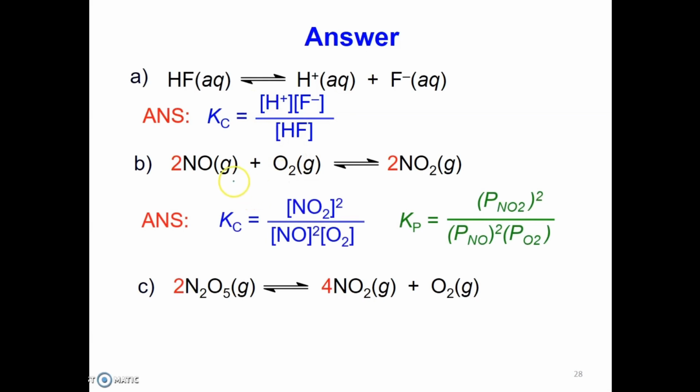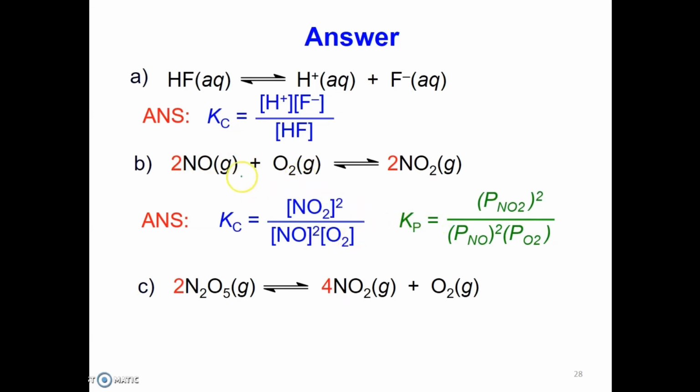For B, 2NO gas plus oxygen gas produce 2NO2 gas. So the Kc expression will be the concentration of NO2 gas to the power of 2 over the concentration of NO to the power of 2 times the concentration of oxygen gas to the power of 1.